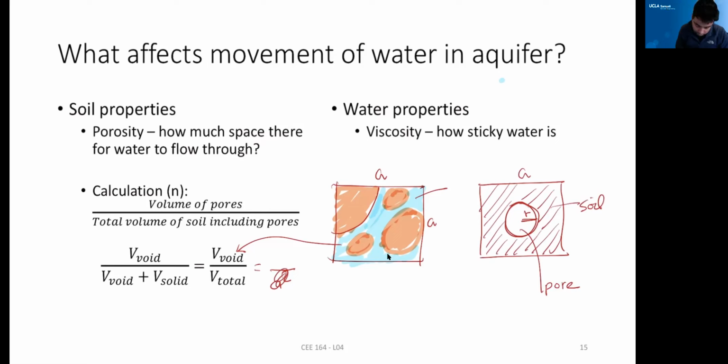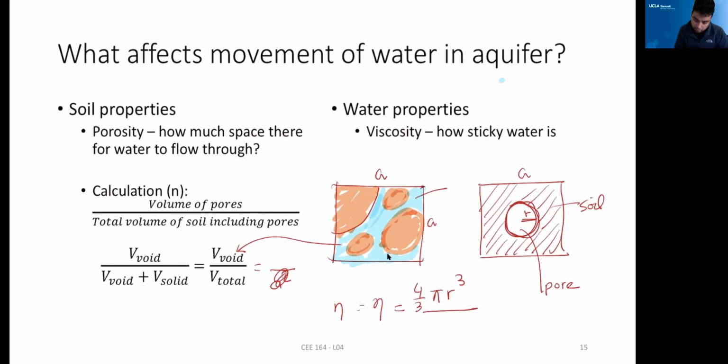The porosity will be, let's say, n, or whatever symbol people use. That would be the pore space, that means the void space, which is the sphere. If you know the sphere volume, that's 4/3 pi r cubed. That's the volume of a sphere if the radius is known. So that's the void space.